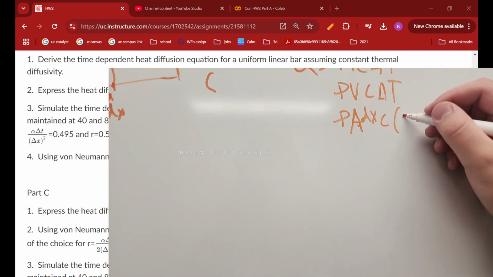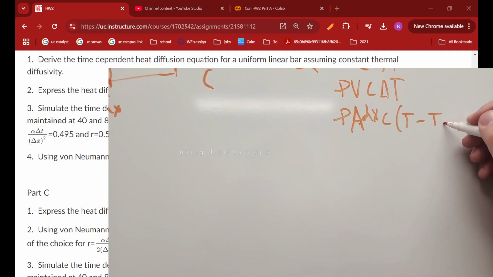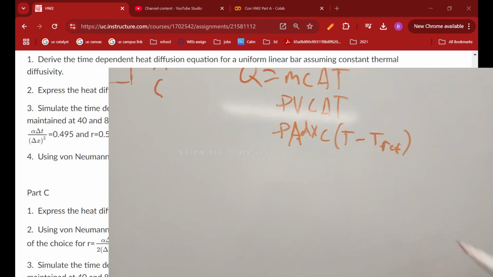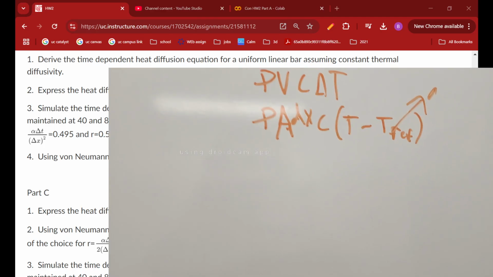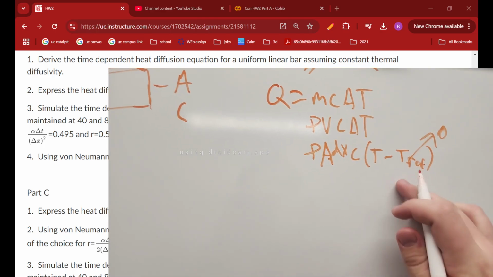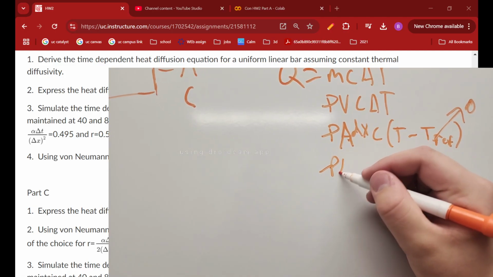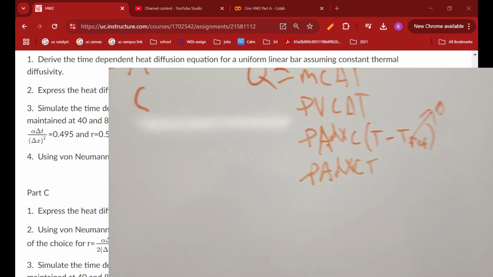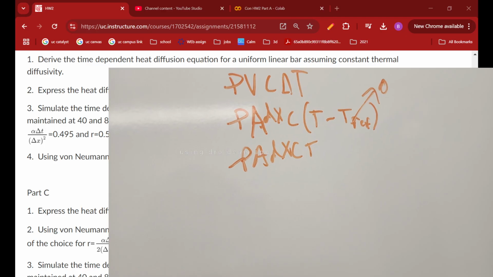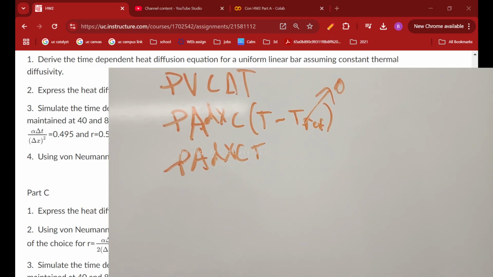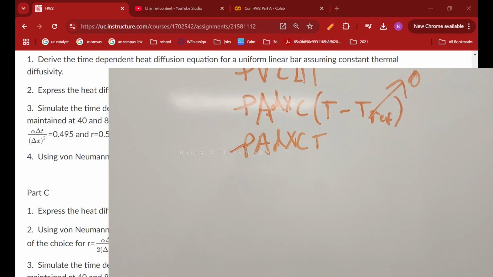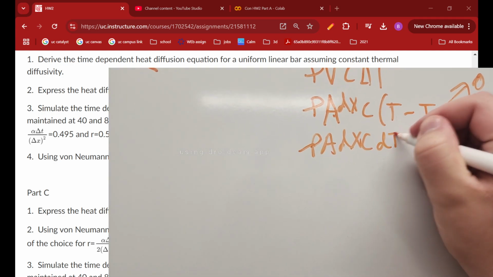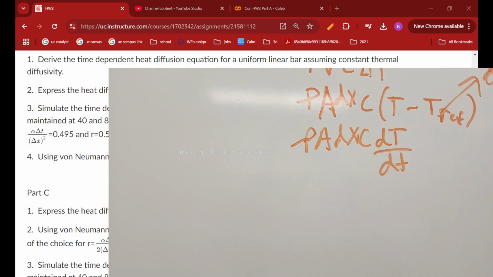And then we can also change our temperature to initial to reference temp, which really goes to 0, so we're not too concerned about it right now, leaving us with density times area dx, heat capacity times T. And with this, we're looking at the temperature with respect to time. So we can write it like this.